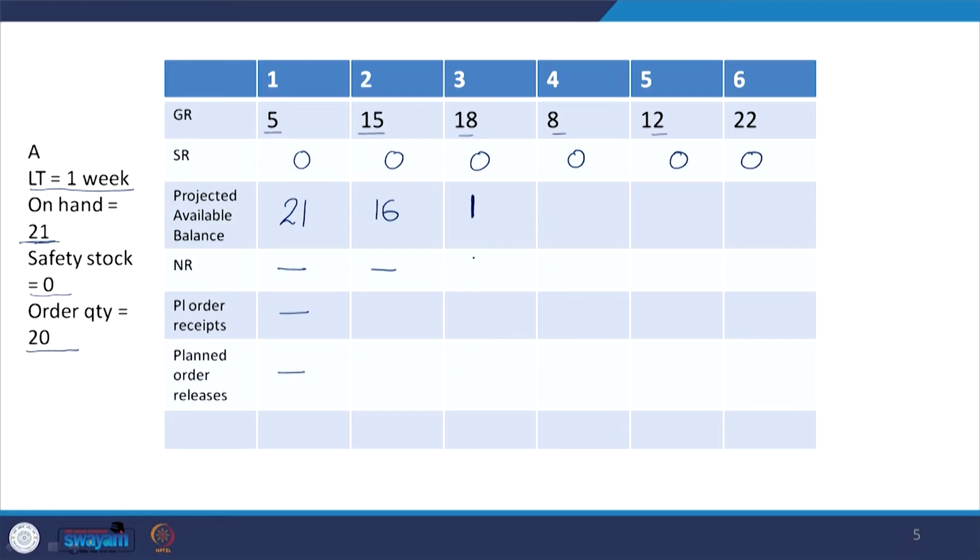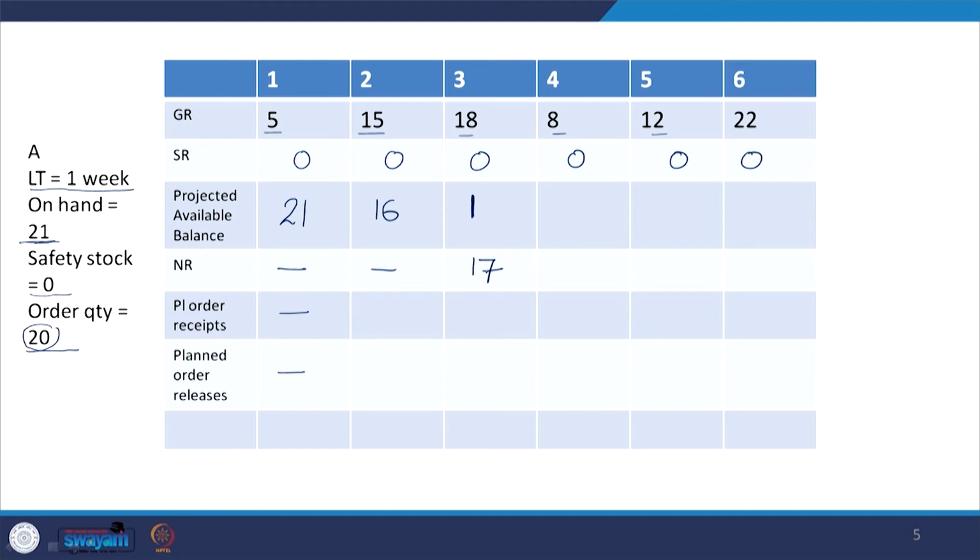Now, you will consume 15 and only 1 unit is available. So, 17 becomes the net requirement, and for that you have to make some arrangement so that you can receive 17 here. The order quantity which you can order is 20.